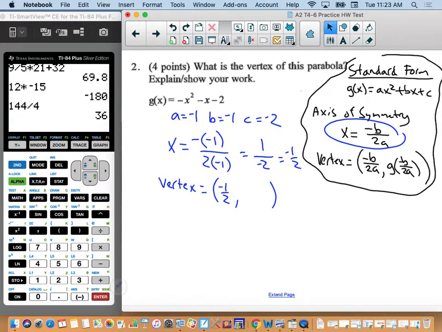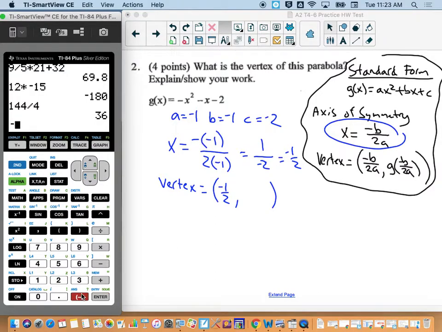And then I can plug that into my calculator. So I'm going to take negative 1/2. Make sure you put parentheses around the x squared, minus negative 1/2, minus 2.